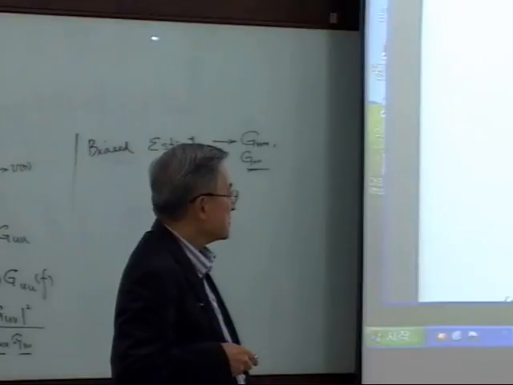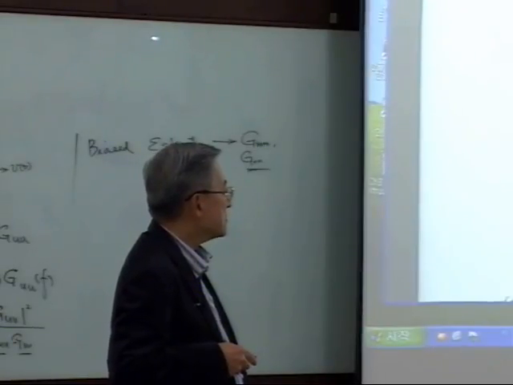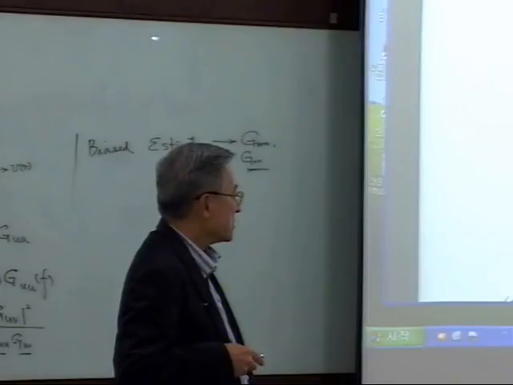Now GXV is equal to GXY minus GXN. Don't put the cross line here.